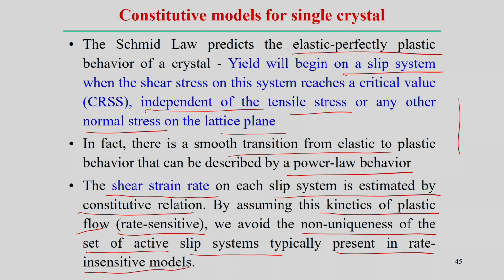For example, in FCC crystal structure 12 different slip systems may be possible. So all 12 slip systems may not be active at a particular time. So we have to look into how many slip systems are the minimum required to activate the deformation process. All this matters when you try to develop the constitutive model for a single crystal structure. So all this analysis or information is required.